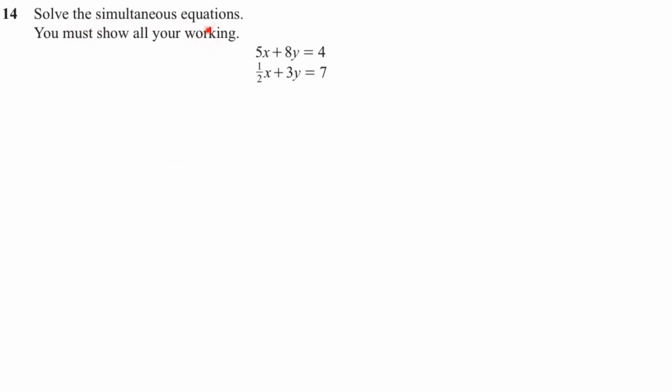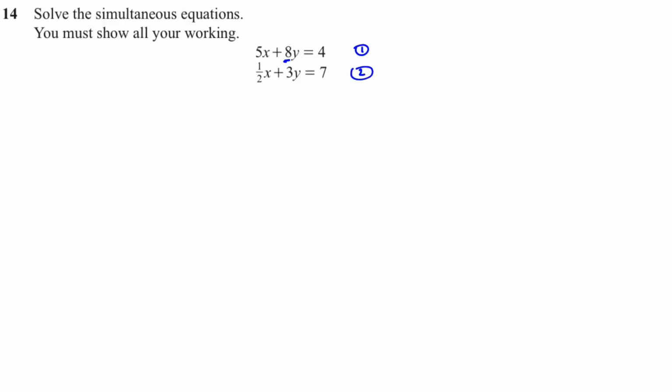The next question is a simultaneous equation question. So you have to decide which variable you are going to eliminate first, x or y. And in this question, I'm solving by the elimination method. So if I'm eliminating y, first let's label the equations, equation 1 and equation 2.